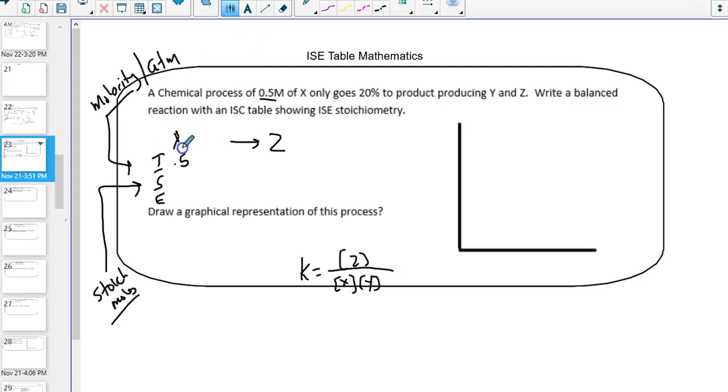Alright, X goes... one more yet. Let's do this. These are my products: 0, 0. 20%, so I just go 0.5 times 0.2, that's 0.1.